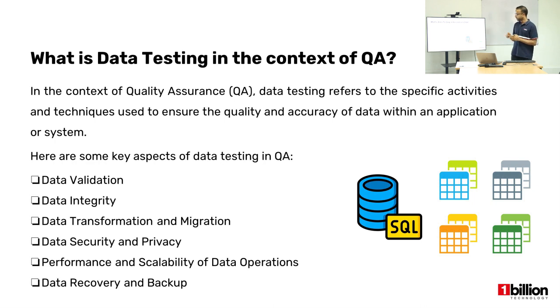And performance and scalability of data operations. When you do data testing, we can have bulk data, so the performance and scalability of these operations might change from time to time. So we need to look into them.